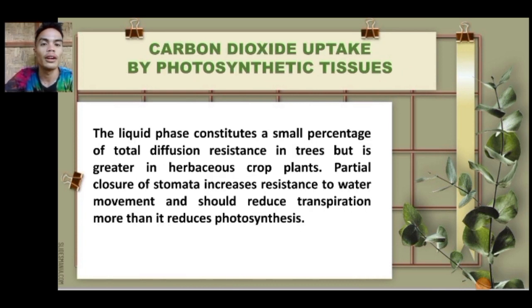It means that in trees, the liquid phase represents a minor portion of the overall diffusion resistance, whereas in herbaceous croplands it holds more significance.